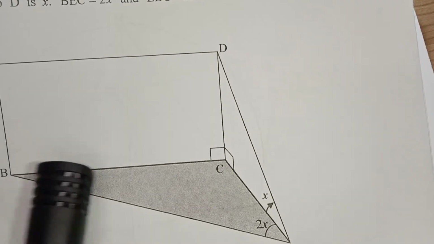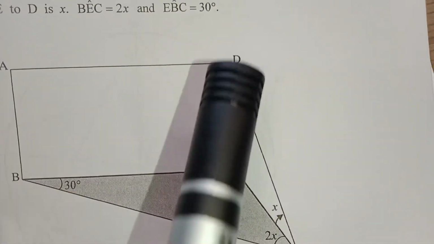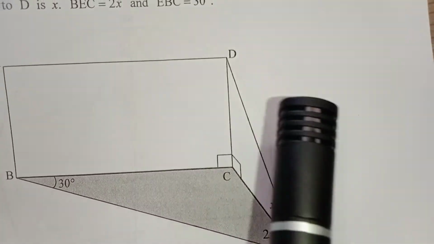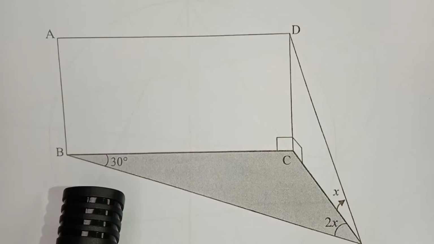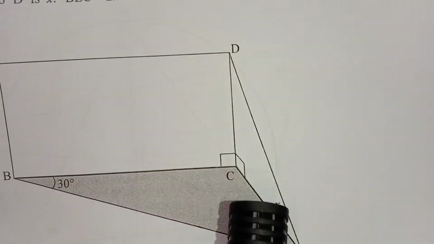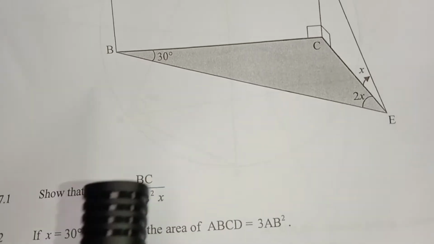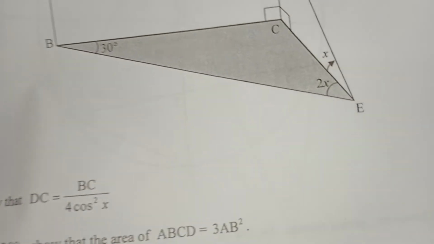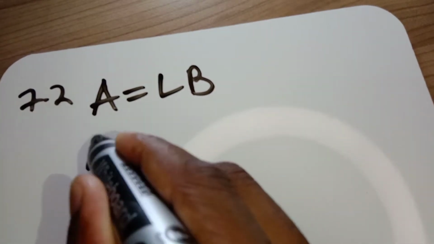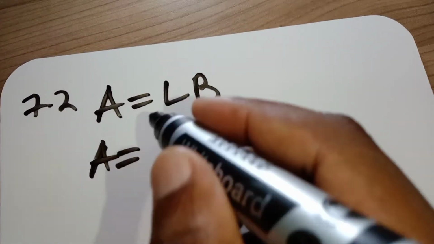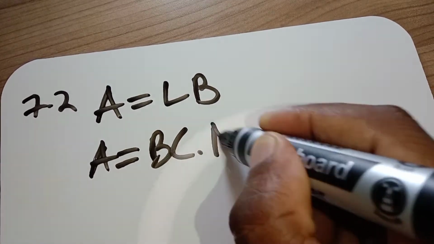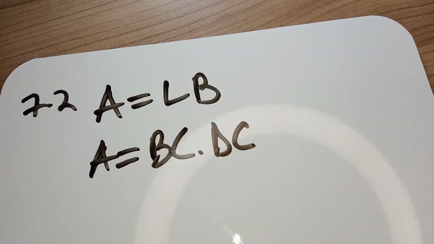Then we are going to use BC instead of AD as the length, and DC as the breadth instead of AB, okay? Yes, we're going to say BC multiplying DC, because this is what we have here.